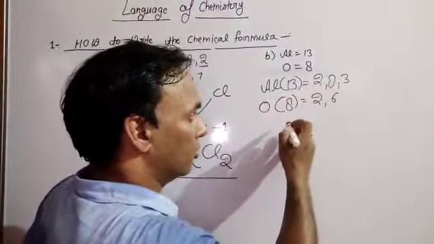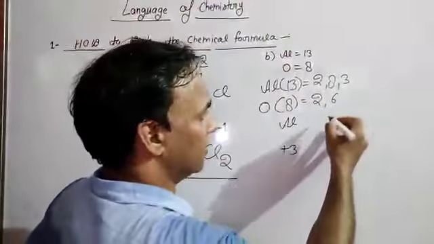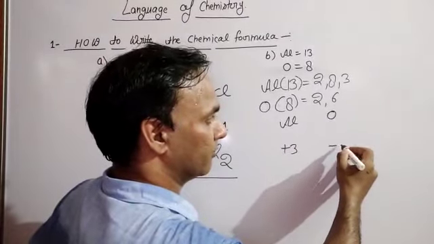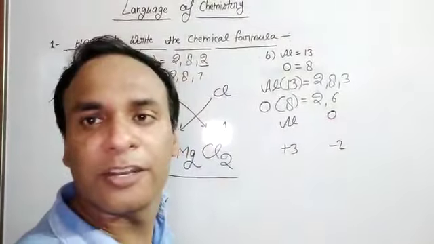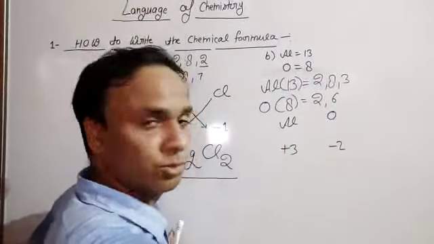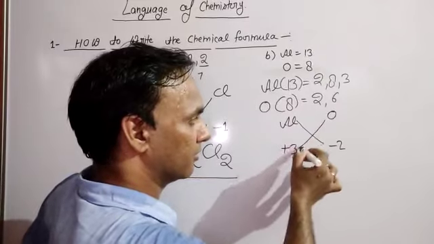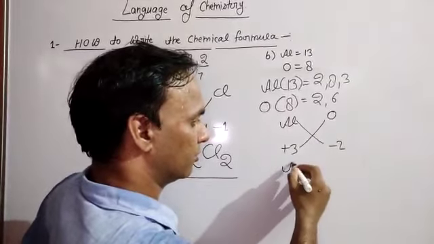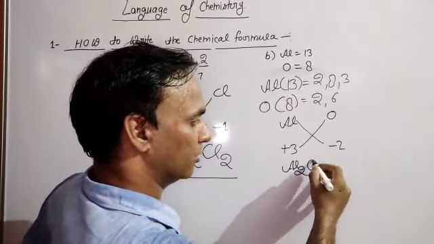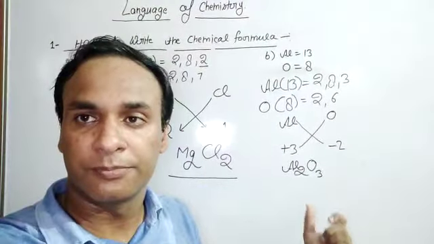Aluminium's valency is plus 3, and oxygen carries 6 electrons in the outermost shell, that's why its valency is minus 2. Apply the crisscross method, then Al2O3. This is the formula of aluminium oxide.